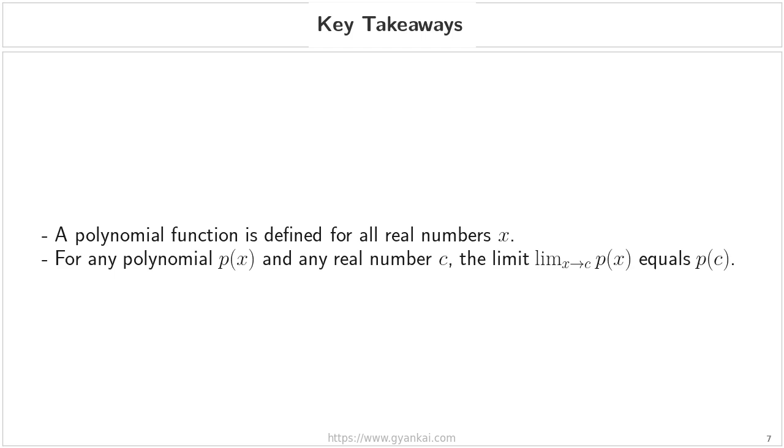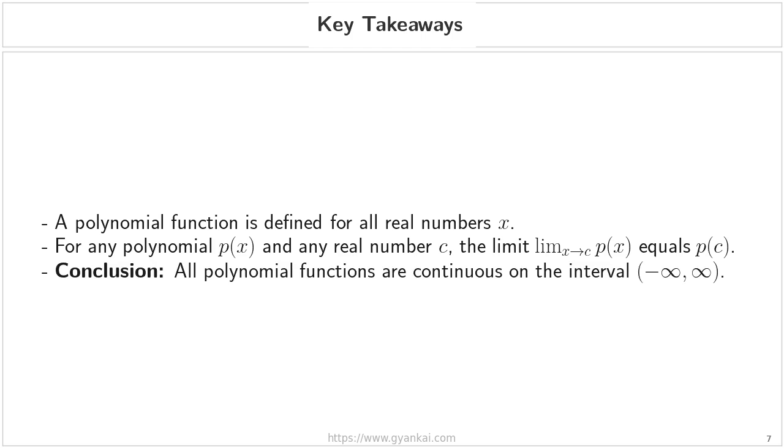Second, for any polynomial p of x and any real number c, the limit of p of x as x approaches c is always equal to p of c. This is the direct substitution property we applied in our step-by-step example. Essentially, the value the function approaches is exactly the same as the value the function reaches.